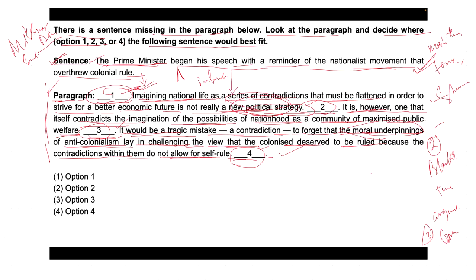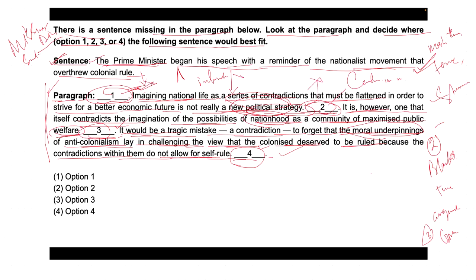Now, if I talk about blank two, this blank is also about contradiction in nationhood and welfare, isn't it? Nationhood and welfare, you can say that. So it is not directly related to the historical context of the nationalist movement. So in that case, in option 2 also, it doesn't fit. In both option 1 and option 2, the sentence cannot fit.